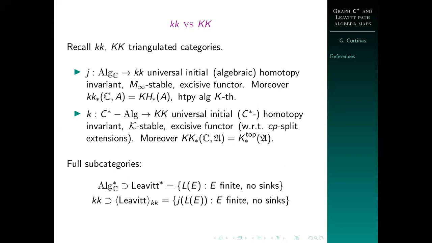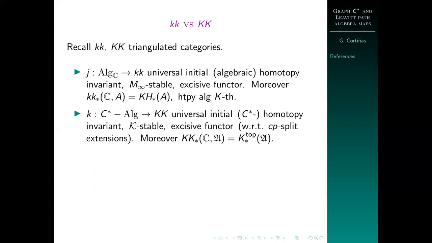Okay, so there is no obvious functor going either from little kk to big KK or backwards. In fact, for example, of course, little kk contains as objects all algebras, but not all of them are star algebras. But even if you restrict to C-star algebras, then in kk every algebra map has a class.